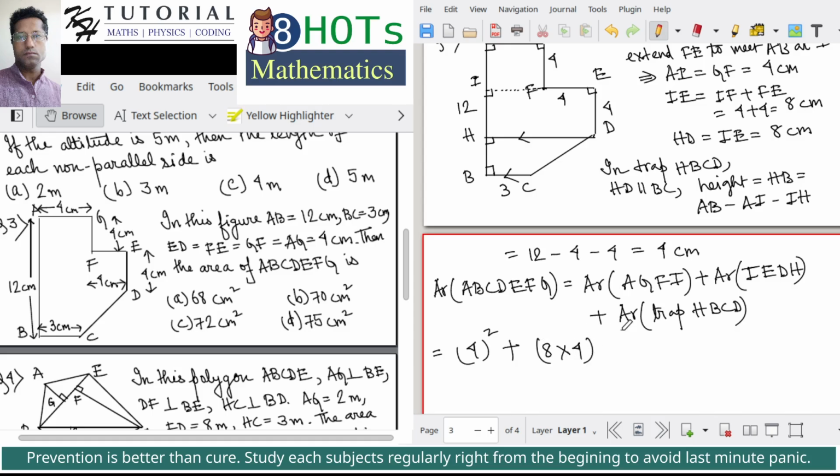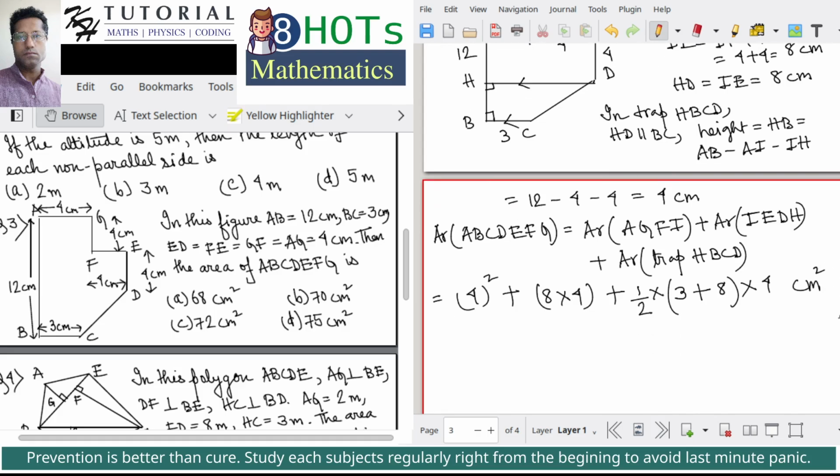So this much, 8 into 4, plus the area of the trapezium HBCD will be half multiplied by the sum of the parallel sides, that is BC plus HD. BC is given as 3 centimeter, and HD is equal to IE, which is 8, and the altitude of the trapezium is BH, which is 4. So the total area is this much centimeter square.